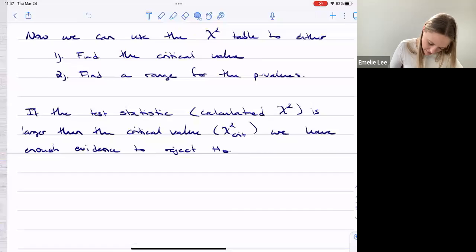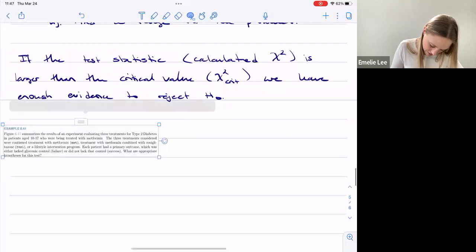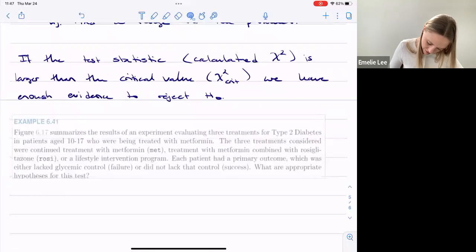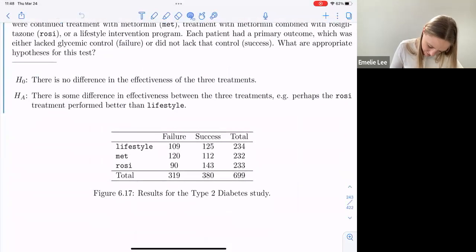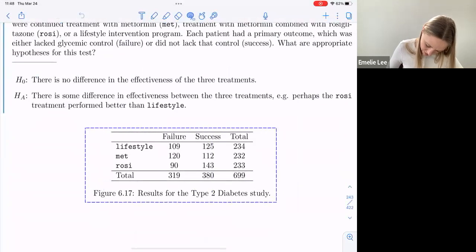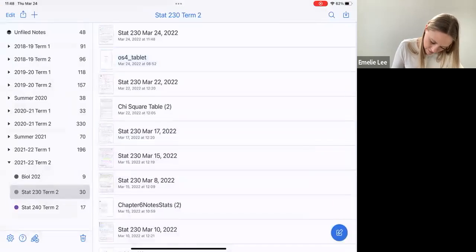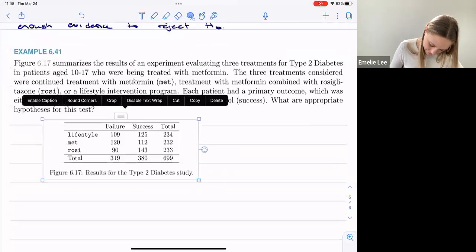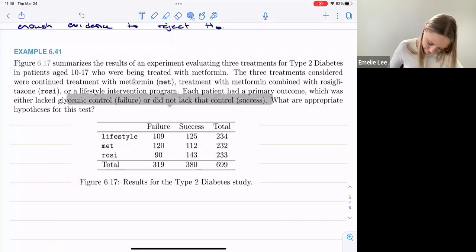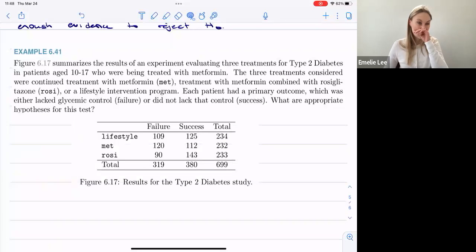I know it has the hypothesis, but that's okay.